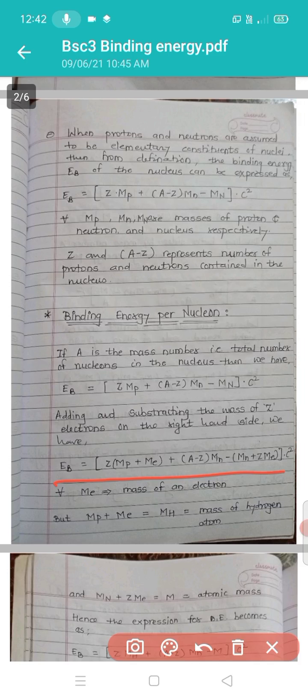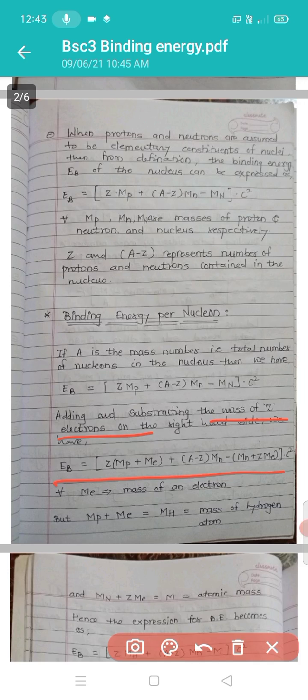We get EB = [Z (Mp + Me) + (A − Z) Mn − (M + Z Me)] c². Here Me represents the mass of the electron.